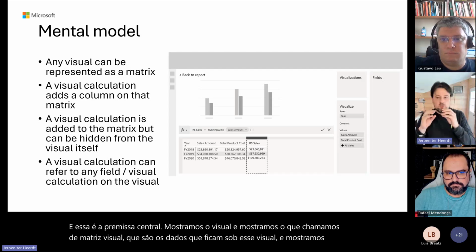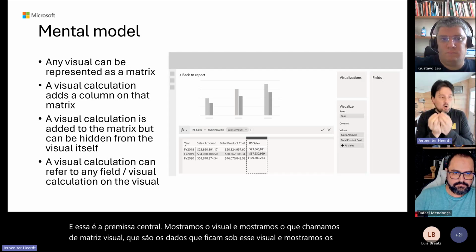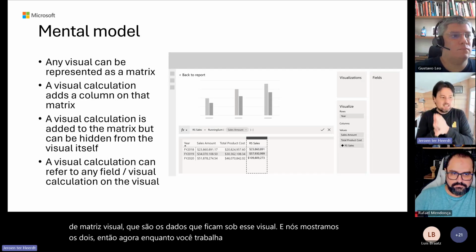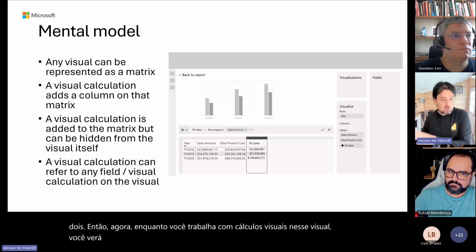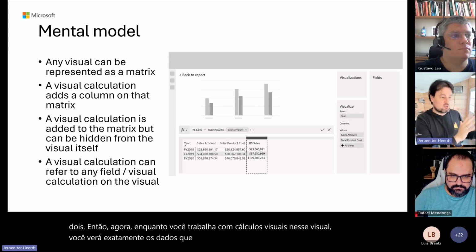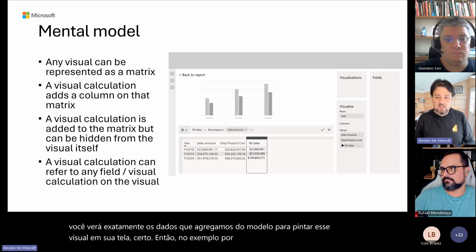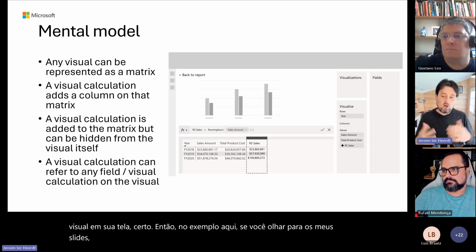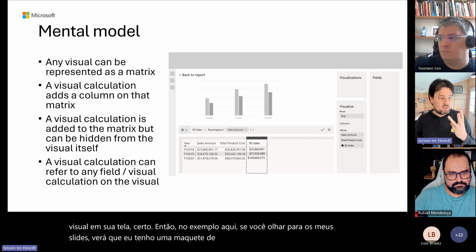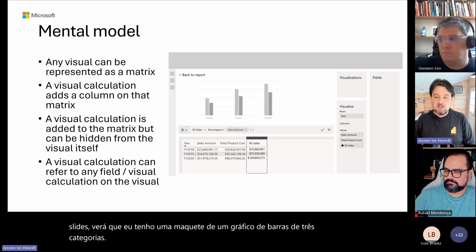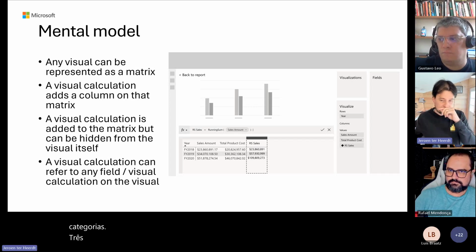So now, while you work with visual calculations on that visual, you'll see exactly the data that we aggregated from the model to paint this visual onto your screen, right? In the example over here, if you look at my slides, you'll see that I have a mock-up of a bar chart of 3 categories, 3 years in this case, and 2 bars per category.